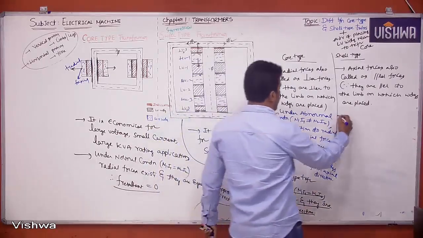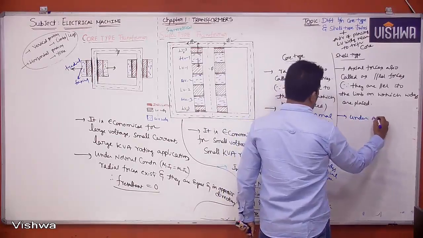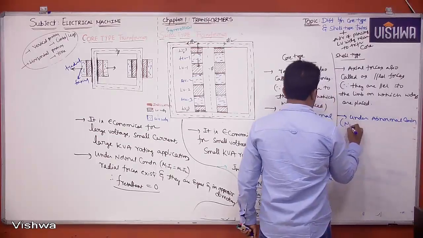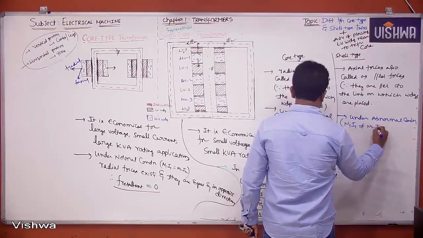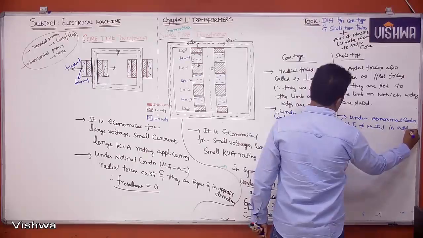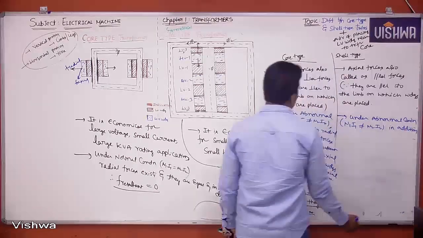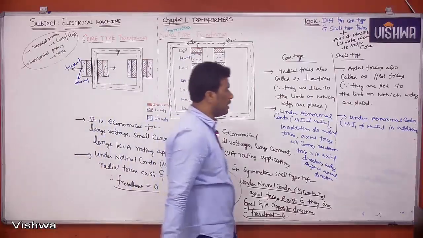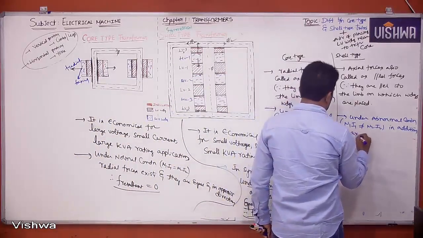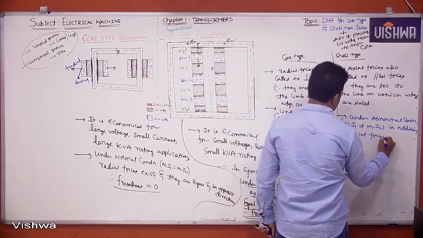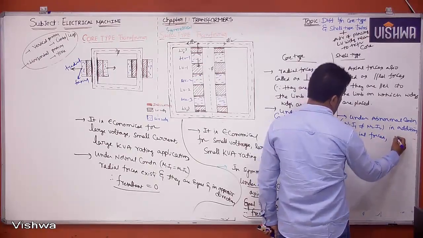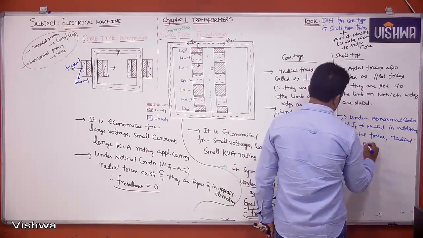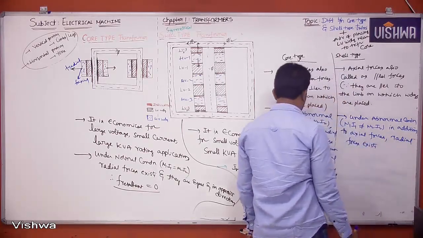What about here? Here also once again, under abnormal condition, N1I1 not equal to N2I2. Tell me, what are the forces generally present in a shell type transformer? Axial. In addition to that, what are we going to have? Radial. Okay. In addition to axial forces, radial force will come.